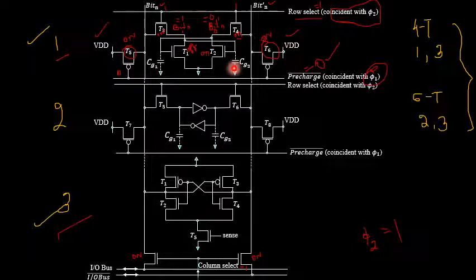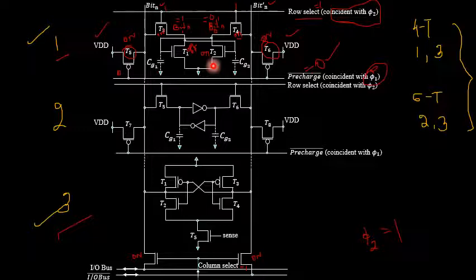This is how it performs the write operation. Similarly, if this was equal to 1 and this was equal to 0, then obviously transistor T2 would have been turned off and transistor T1 would have been turned on. So whatever value has been stored will be stored in the form of a charge in the gate capacitance Cg1. So Cg1 and Cg2 will be storing the charge during the write operation.